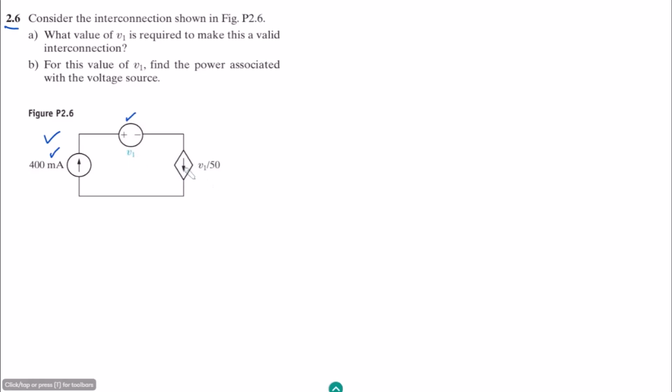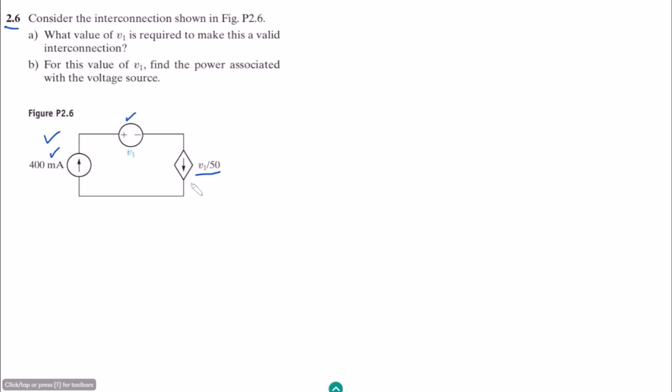You can see that this diamond shape source diagram shows that this is the dependent source, and this arrow sign shows that this is the current source. So this one is the dependent current source, and the value of it is dependent upon this V1.